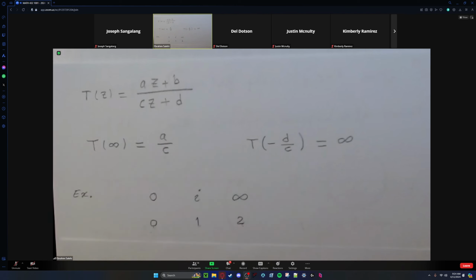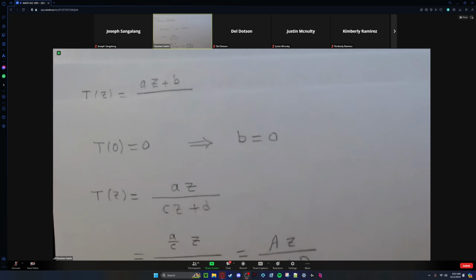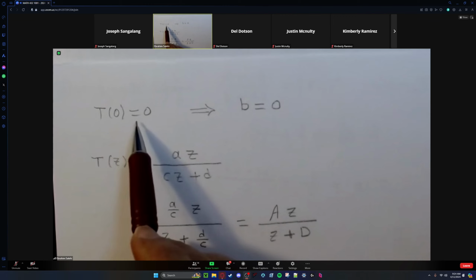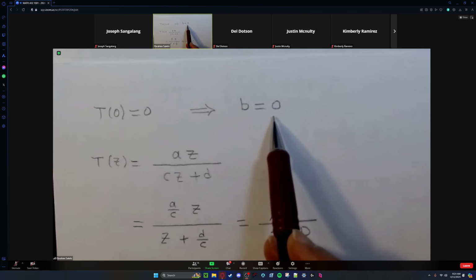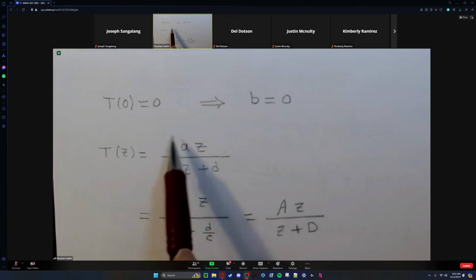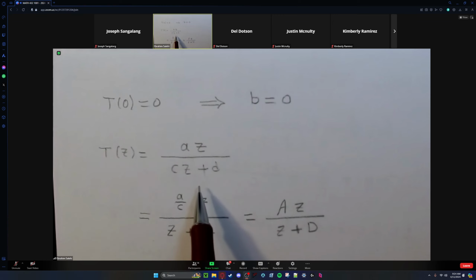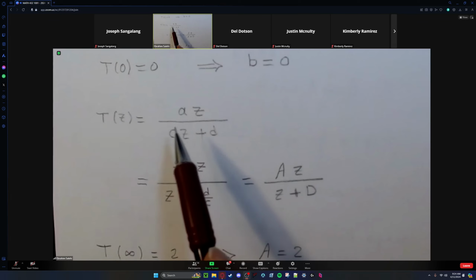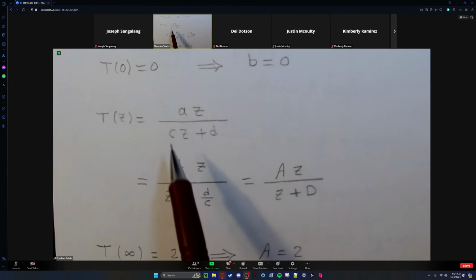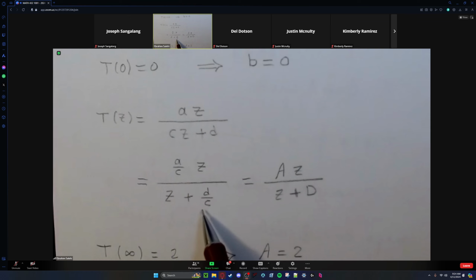B is 0. So that's what happened. When B is 0, you get this. And this is what I meant by, if you divide by A, or by C in this case, you get a constant here, a constant here. So now we are in the finding these 2 constants, all right?